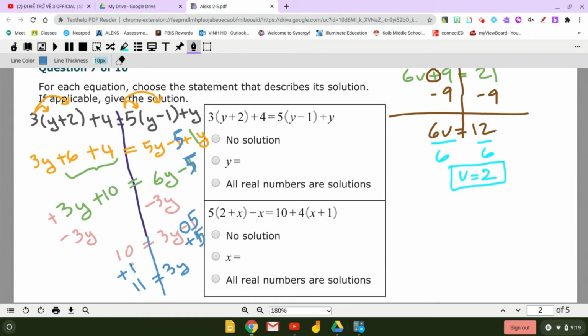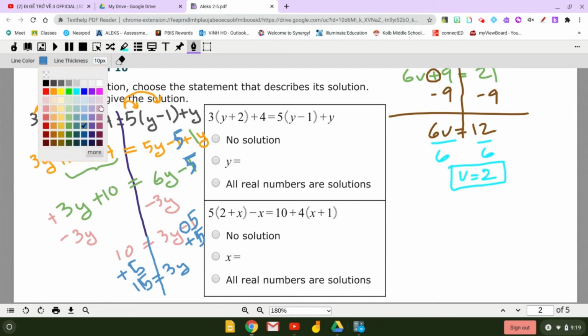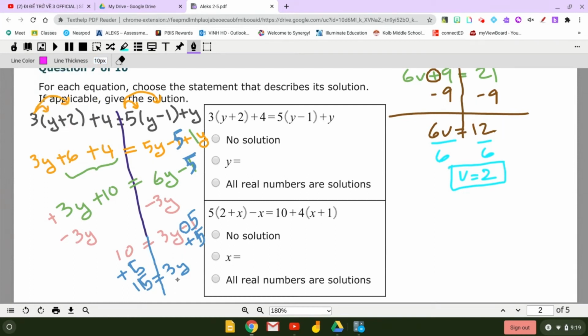So we're going to add 5 on both sides. I'm so sorry for this mistake. Then we divide by 3 on both sides. 15 divided by 3, so the answer is 5. y equals 5. So this is going to be this answer.